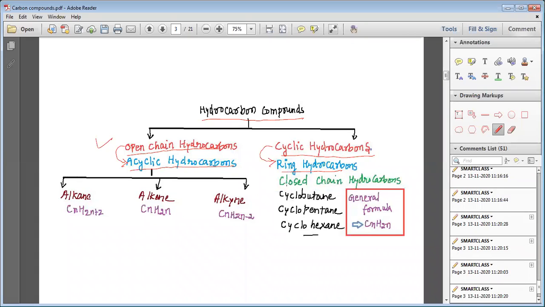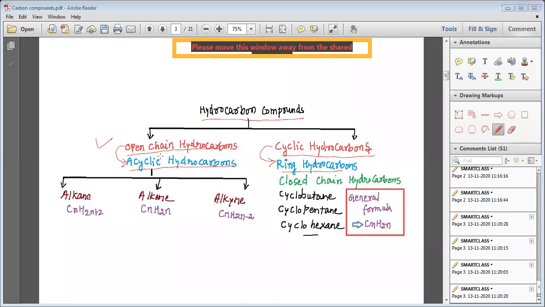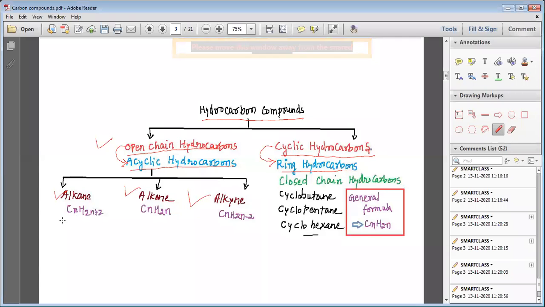These closed chain or ring hydrocarbons may be of various types, but we have seen the various open chain hydrocarbons like alkanes, alkenes and alkynes. The general formula for alkane is CnH2n plus 2, for alkene is CnH2n, and for alkyne is CnH2n minus 2.